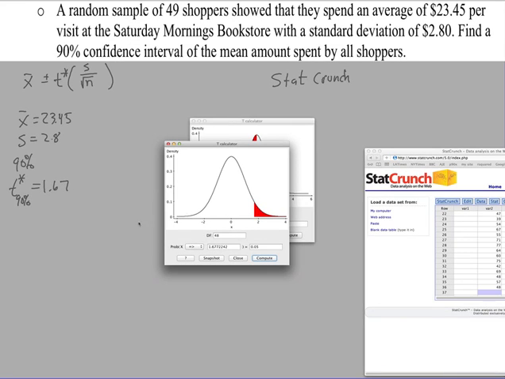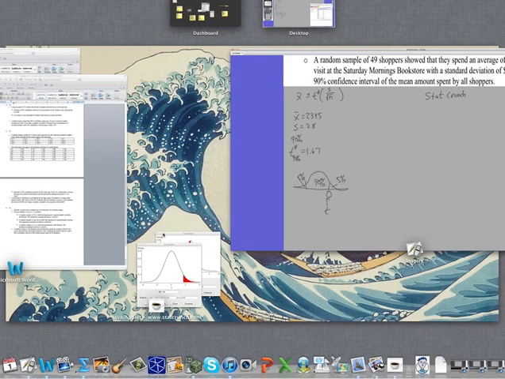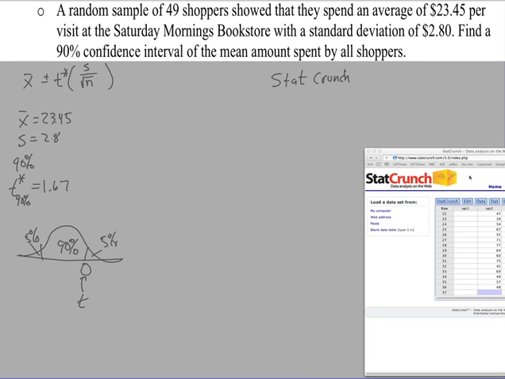If the middle is 90, what's the left and the right? 5%, 5%. So for this critical T, all you do is 5%, degree of freedom 48, because every T is different. Basically we're going to be using StatCrunch for this though.